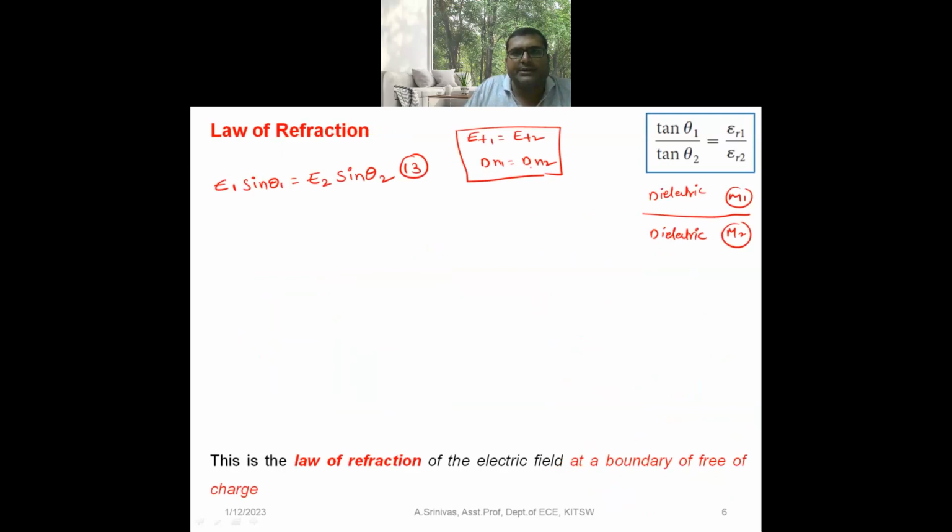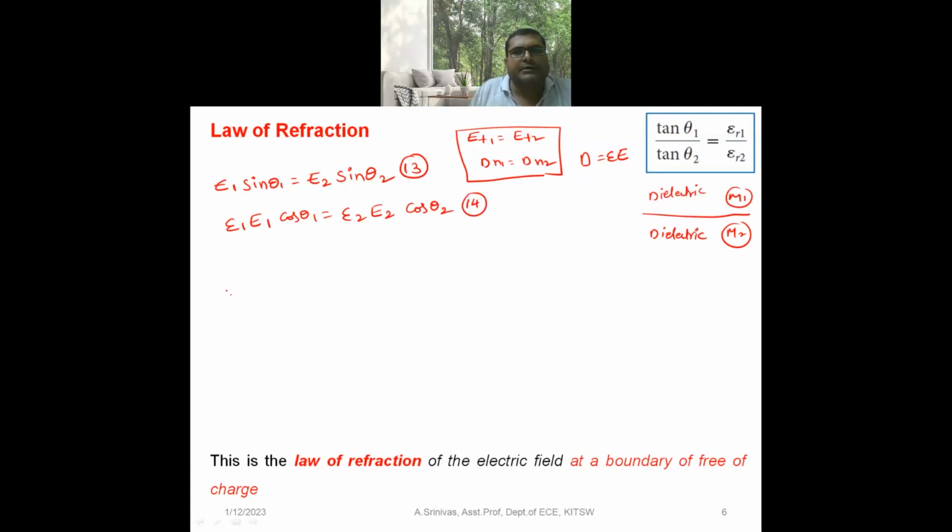And Dn1 is equal to Dn2 and D is equal to epsilon E. So this can be written as epsilon 1 E1 cos theta 1 is equal to epsilon 2 E2 cos theta 2, equation 14.